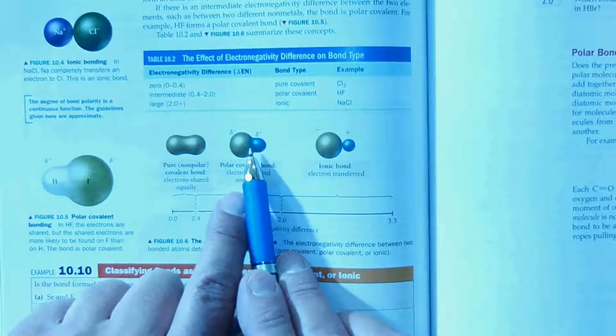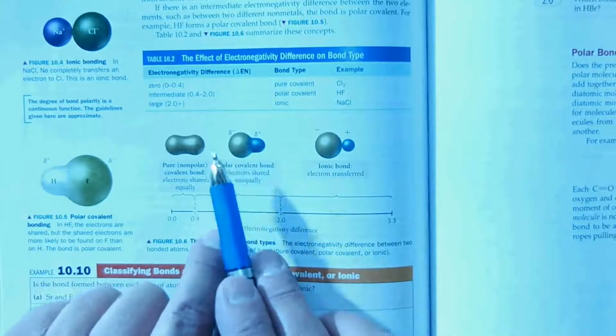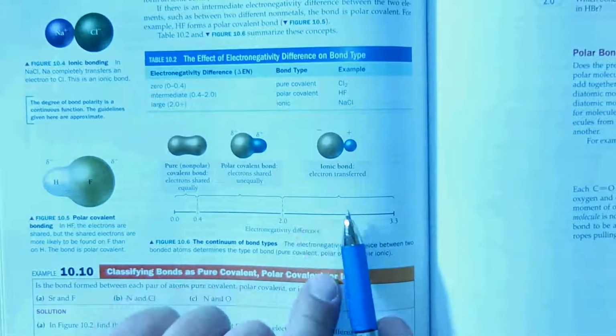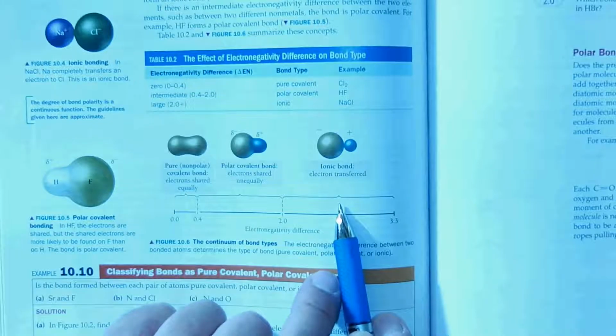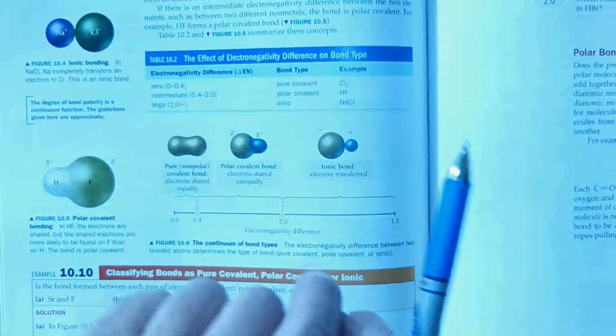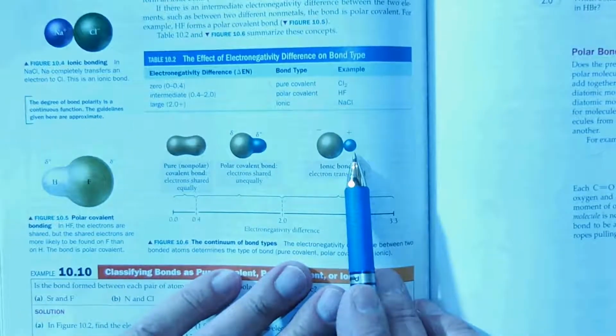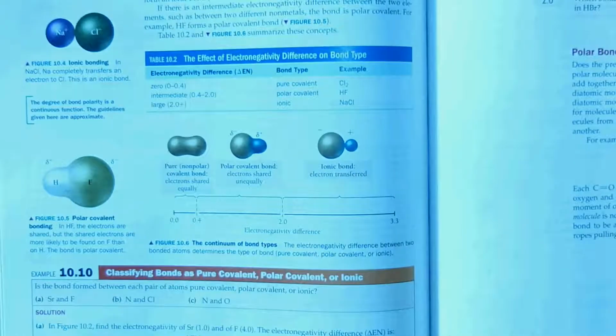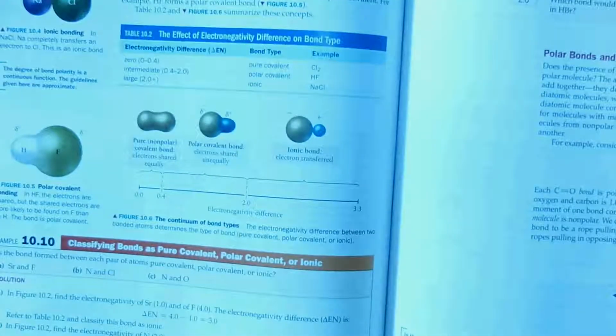So the electrons are pulled over this way, and that's a polar bond. When the electronegativity becomes really large, around 3 or so, the bond essentially breaks, and you have a positive ion and a negative ion. Then you have an ionic compound. So it's a whole range on electronegativities there, or on polarity.